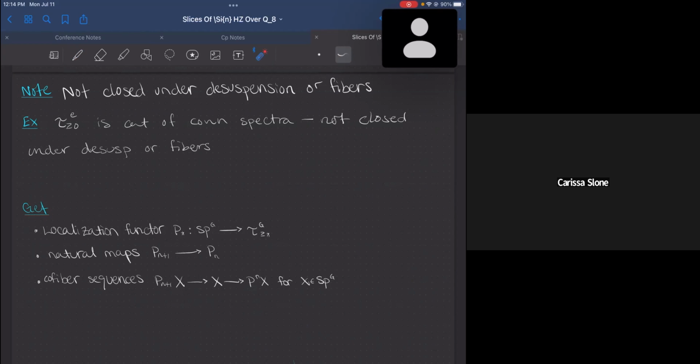Along with our localizing subcategory, we get a localization functor, P lower star, from genuine G spectra to tau at least star G. We have natural maps P lower n plus 1 to P lower n. And then we have cofiber sequences, P lower n plus 1 of X to X to P upper n of X, where X is a genuine G spectrum.